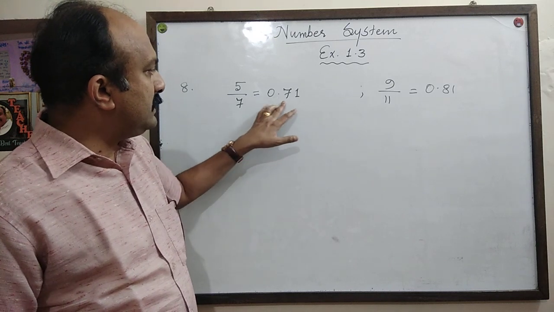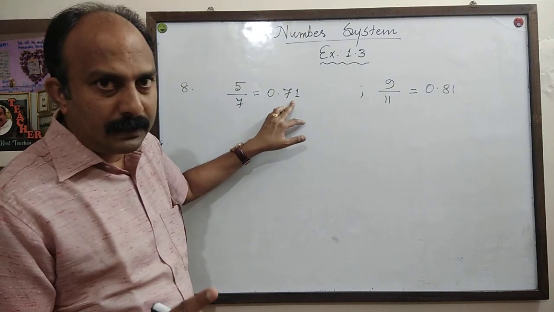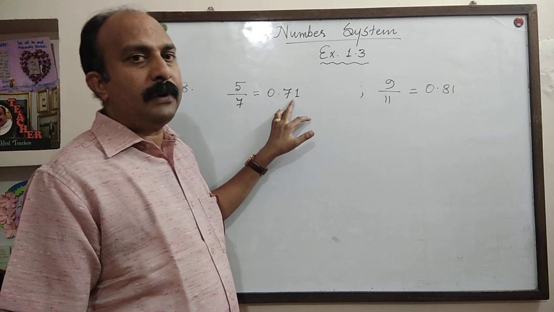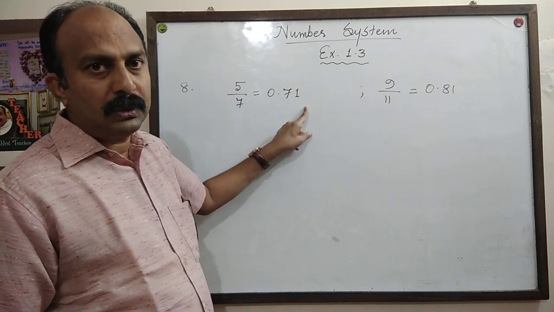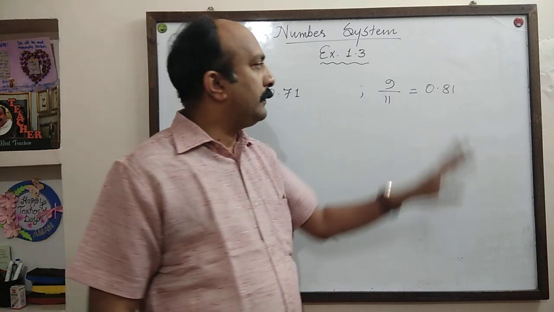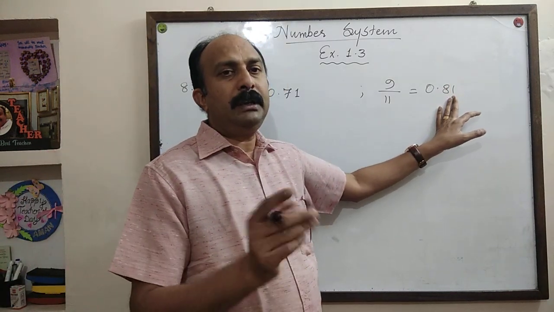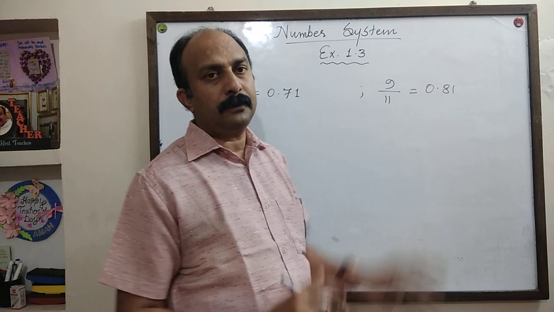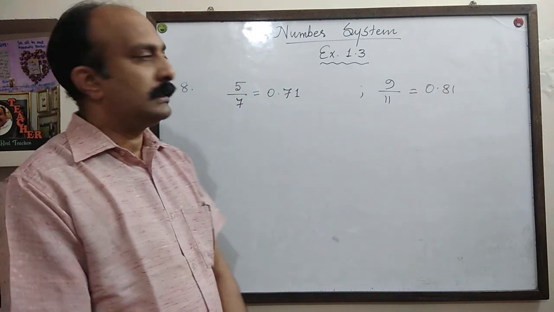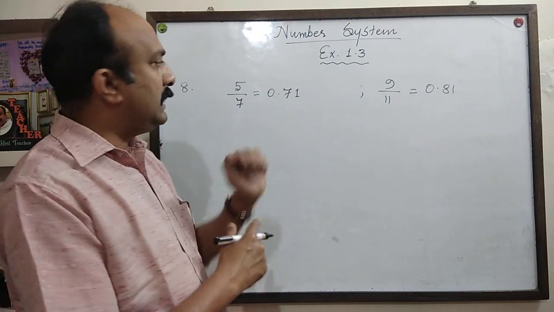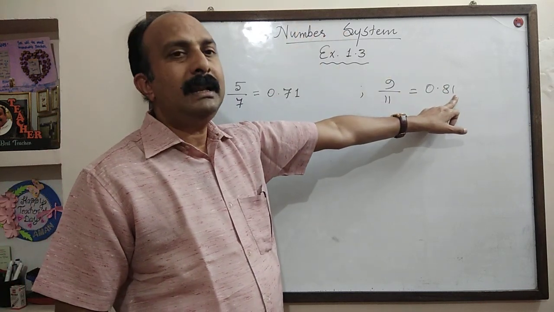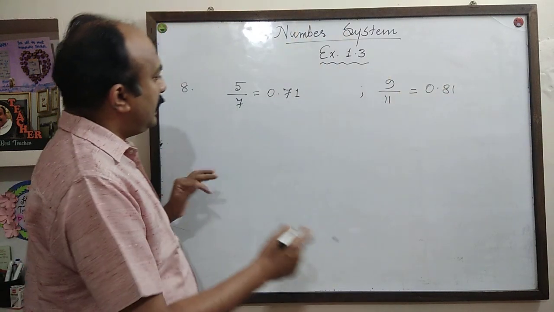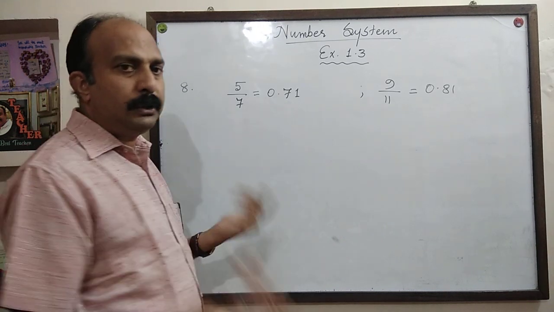So then this number is 0.71. So you must start from minimum 0.72 and you must stop before 0.81, means 0.80. So note down this. The first number must be greater than this and the last number must be less than this. So I am starting with 0.72.